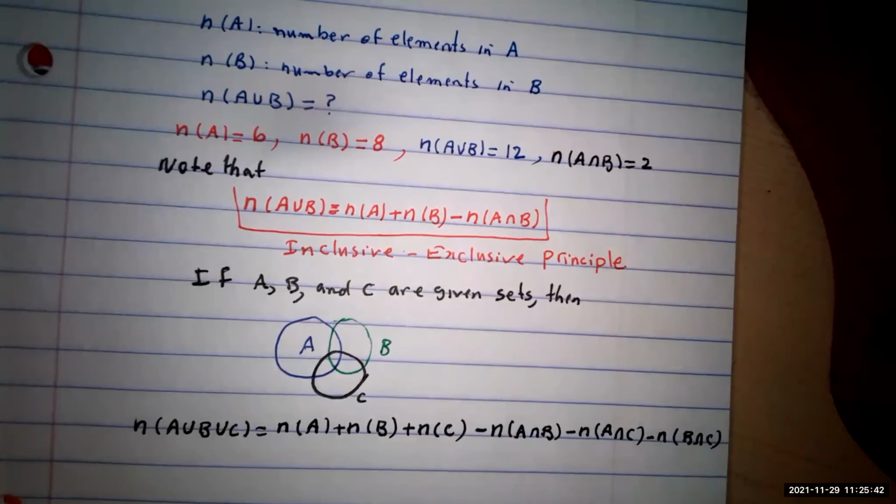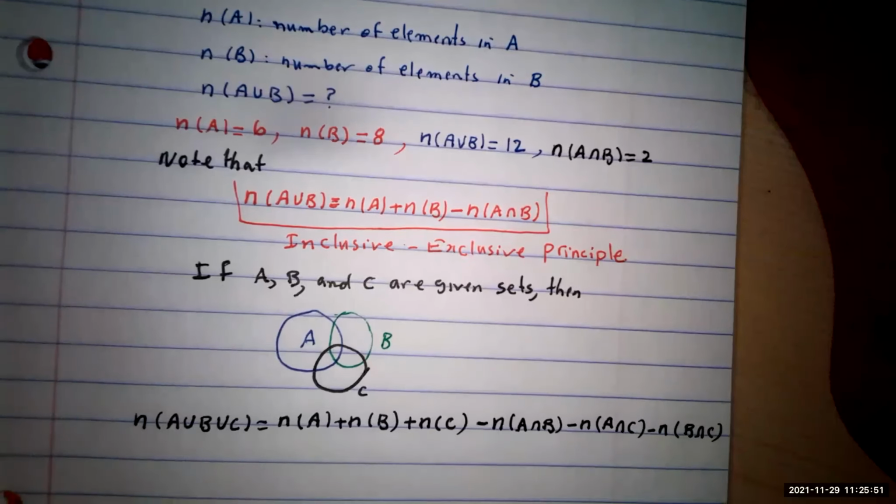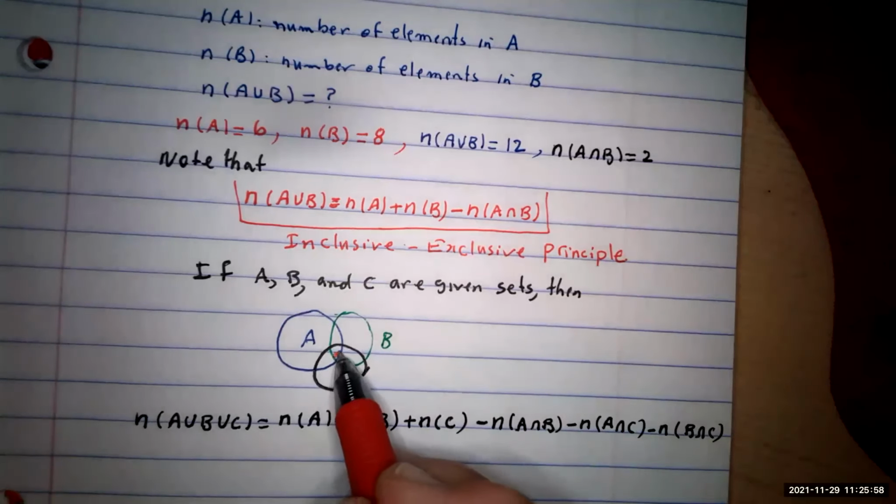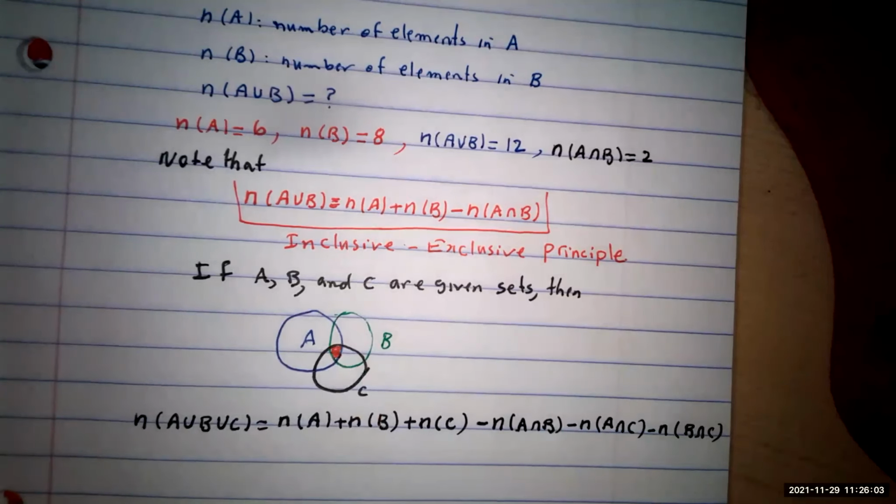But the difficulty is that when you take out all these intersections, there is a part that is never going to be counted. When you exclude all these 3 intersections, there is this part over here, which is contained in A, B, and C. If you take out all of these, automatically this portion is taken out, so it is never counted.